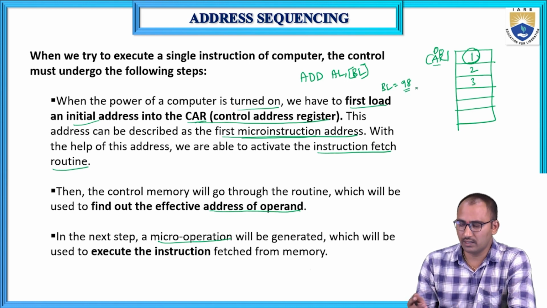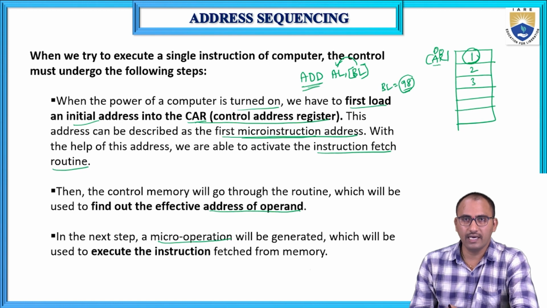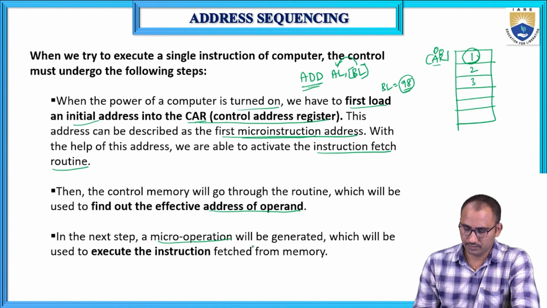So in the 98 location, our required operand is present. The contents of this memory location will be added with the accumulator AL. The operation is add, and in order to perform this addition, it requires some micro operations. Those micro operations will be generated in the last step.